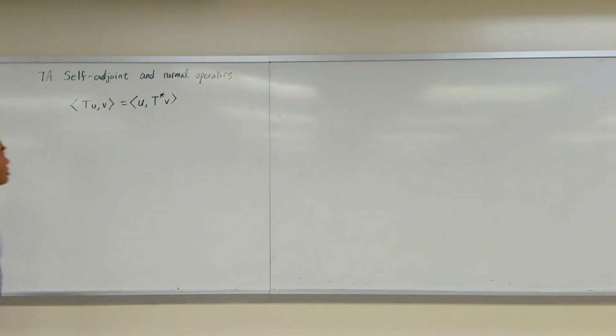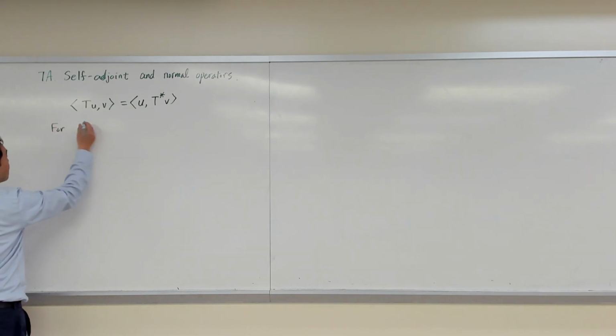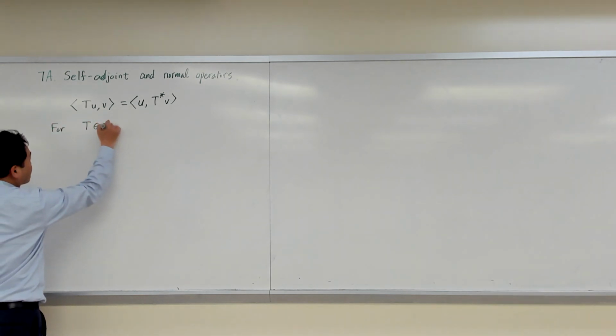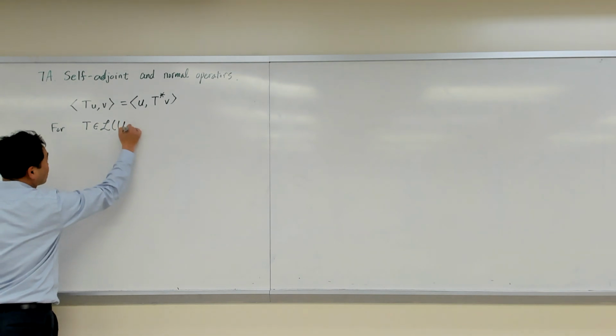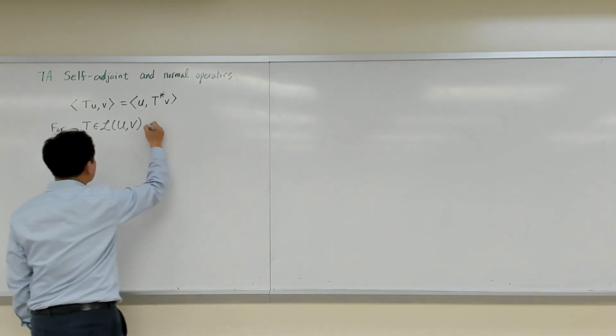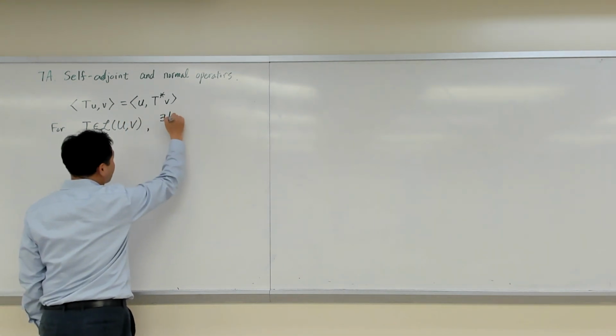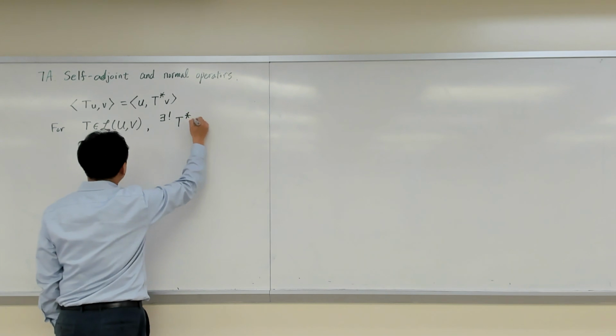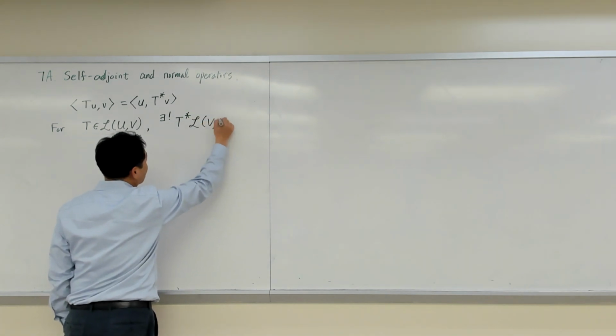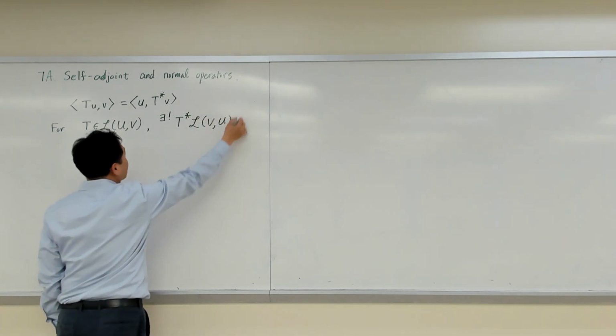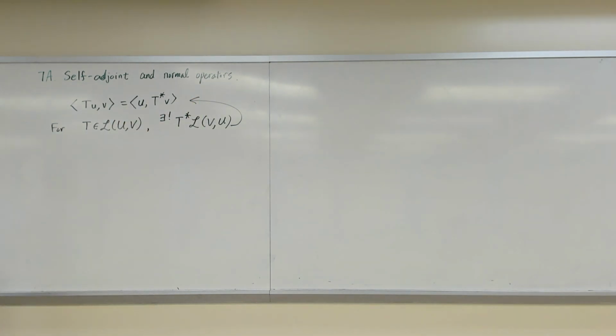So for any T, a linear map from U to V, there exists a unique adjoint from V to U such that this above is true.